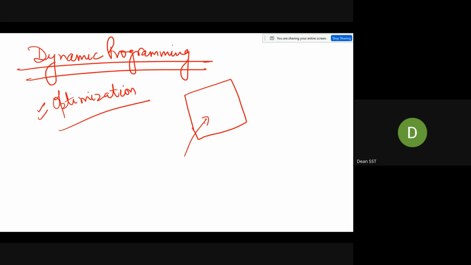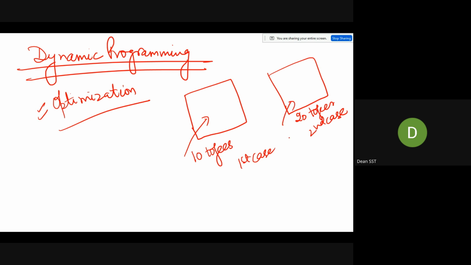In this box, I can accommodate 10 toffees. That is the first case. I have another box, same size, in which I can accommodate 20 toffees. So where can you see optimization?